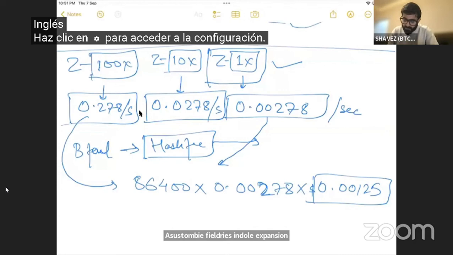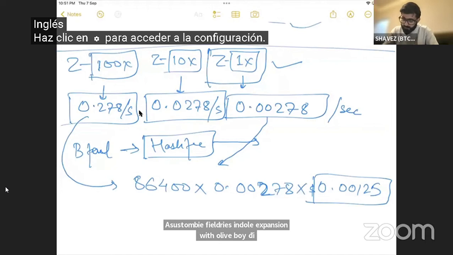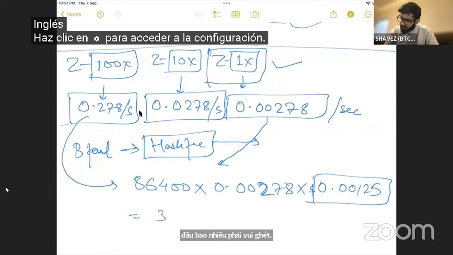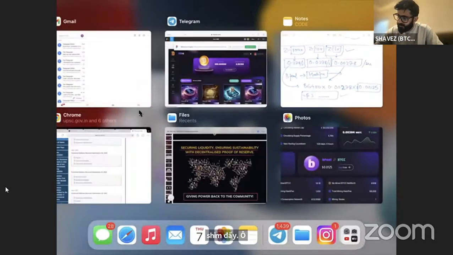You multiply all three, 0.00125, and you will get $3, 3 point something. So that means this is your hash fee, or the amount it takes you to mine, right? Okay, moving back.